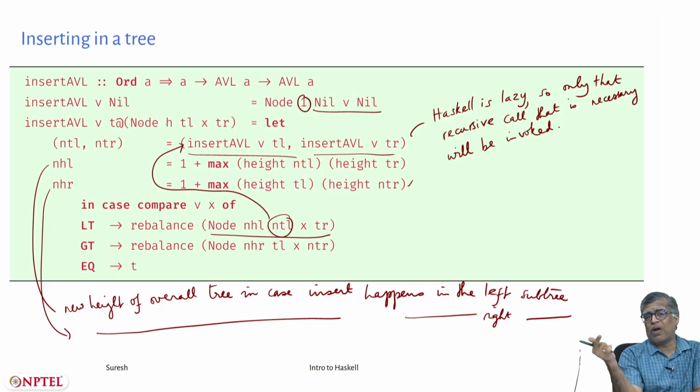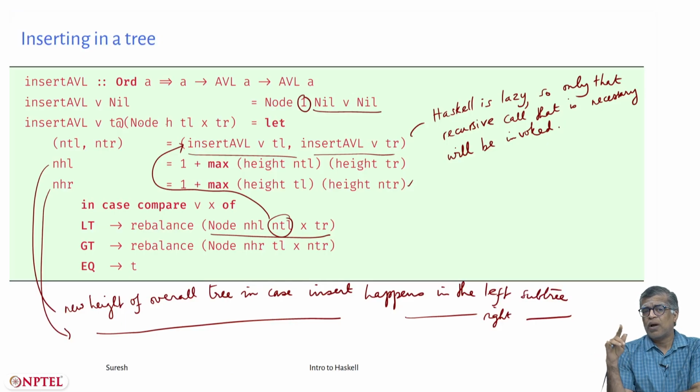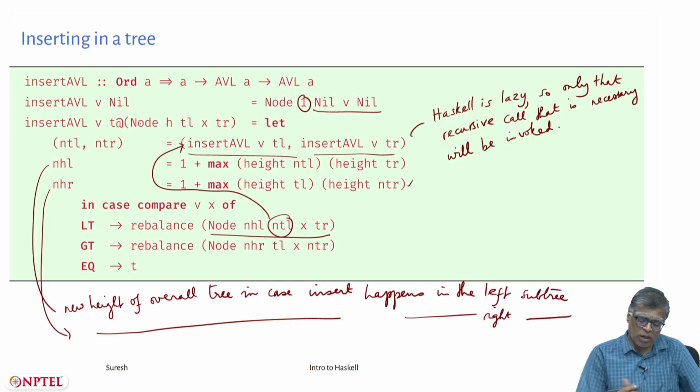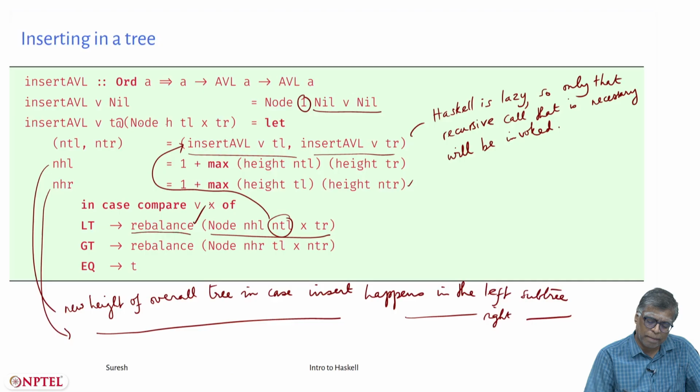That insert call will have done a rebalance. So at the root level of NTL, NTL is all balanced, but after you modify the left subtree and you try to put together NTL and TR, there might be an imbalance there. So you have to just do a rebalance here.